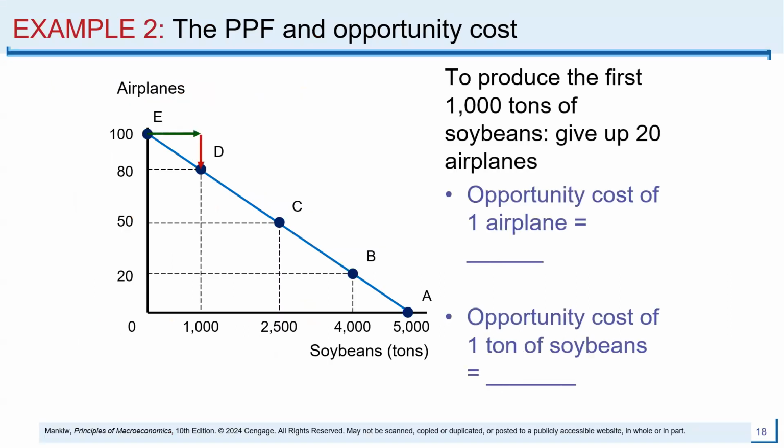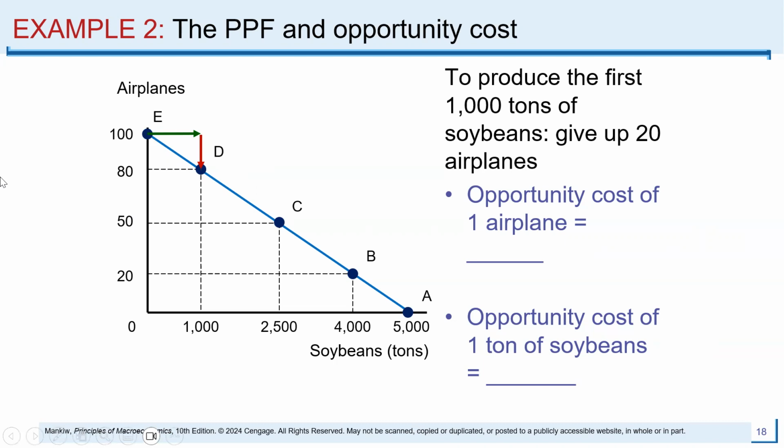So let's look at how the PPF can make the opportunity cost so illustrative. You can get the opportunity cost directly from the graph, right? Let's look at the change from E to D. To produce the first 1,000 tons of soybeans, you need to sacrifice 20 airplanes.